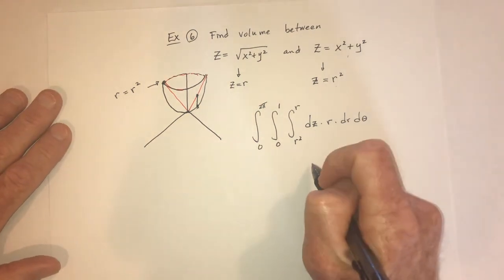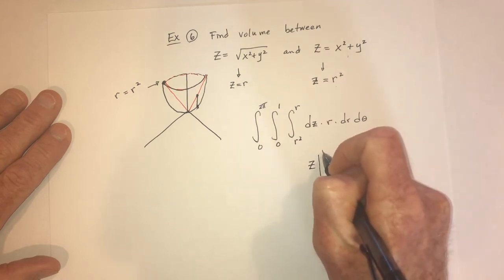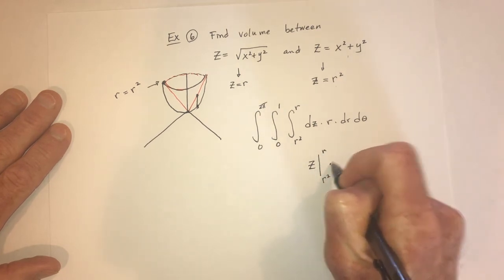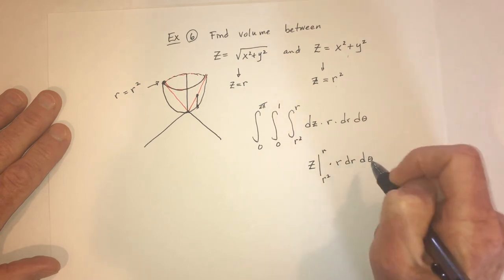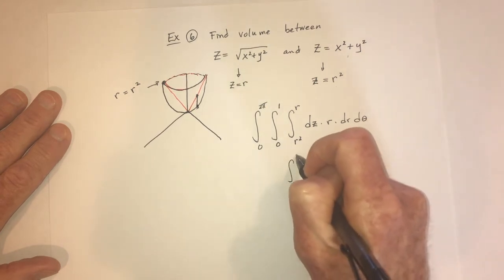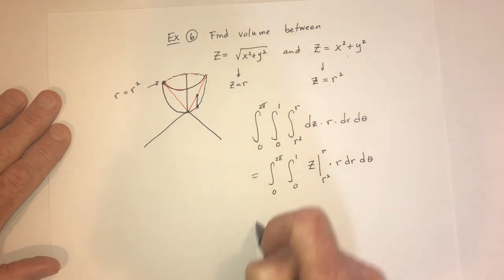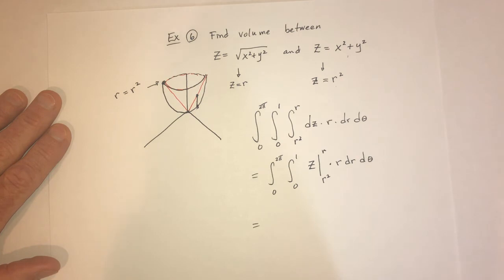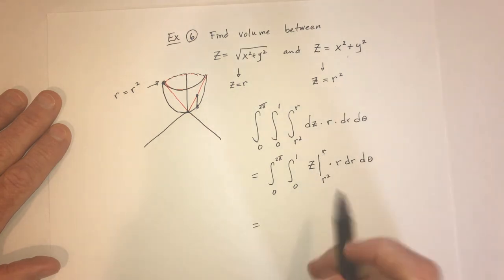So the antiderivative will be z, and that gets evaluated from r squared to r. And then don't forget the r, dr, d theta. And then when you substitute, it's going to be r minus r squared.